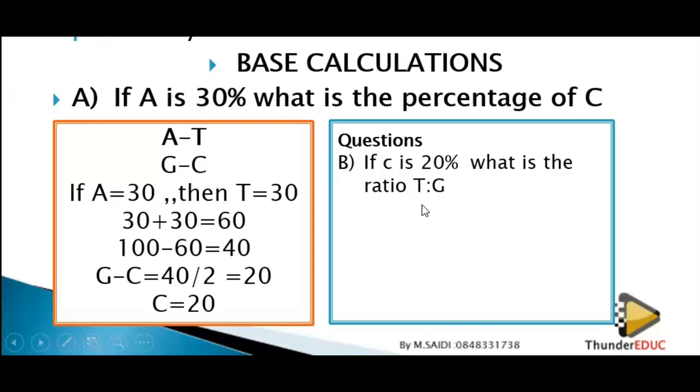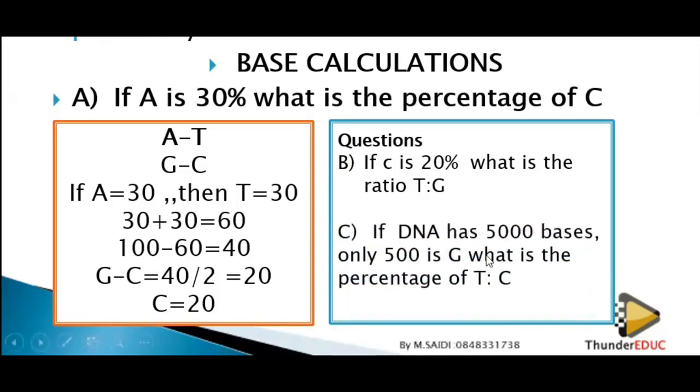We can find this question in objective or when you are just writing a small subsection. So please don't forget to know how to calculate this. Then another question, you can also practice it. If DNA has 5,000 bases, only 500 is guanine. What is the percentage of thymine to cytosine?